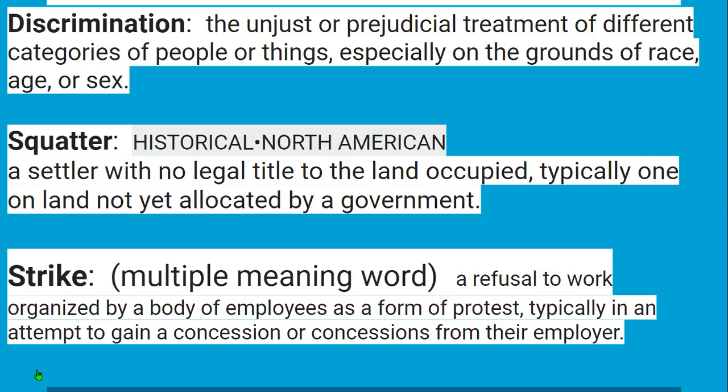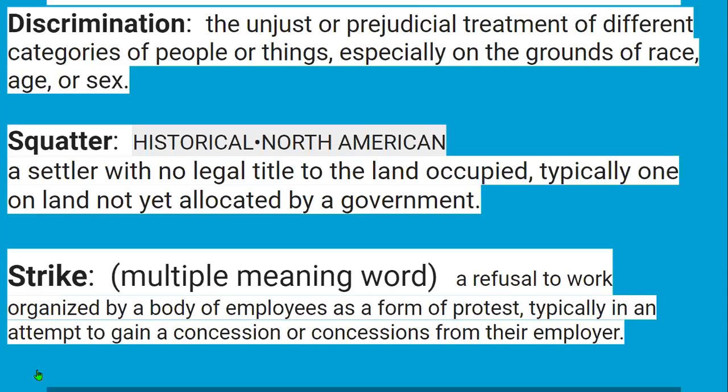And then also strike. This is a multiple meaning word. We've talked about this word before because we studied Cesar Chavez and how he led strikes for the unjust treatment or discrimination of farm workers. When I say multiple meaning word, remember, if you have a baseball bat and you swing at a pitch and you miss the ball, it's called a strike.